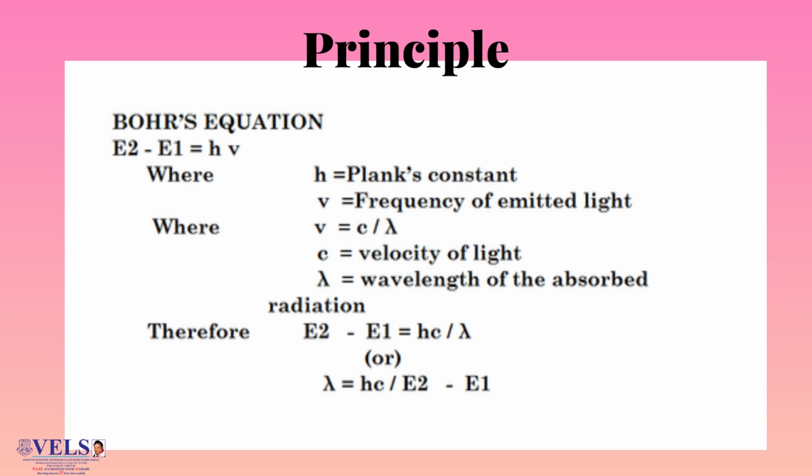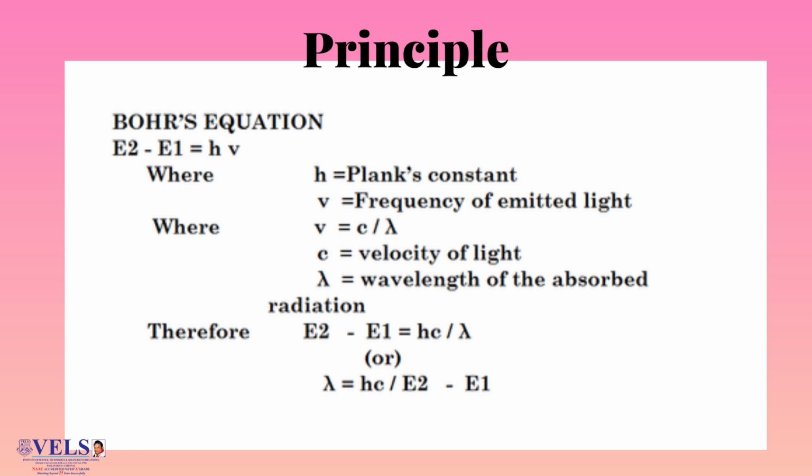The energy emitted is noted as E2 and the energy absorbed as E1. E2 minus E1 is equivalent to h nu, where h is the Planck constant and nu is the frequency of the emitted light. We know nu is c by lambda, where c is the velocity of light and lambda is the wavelength of the light radiation.